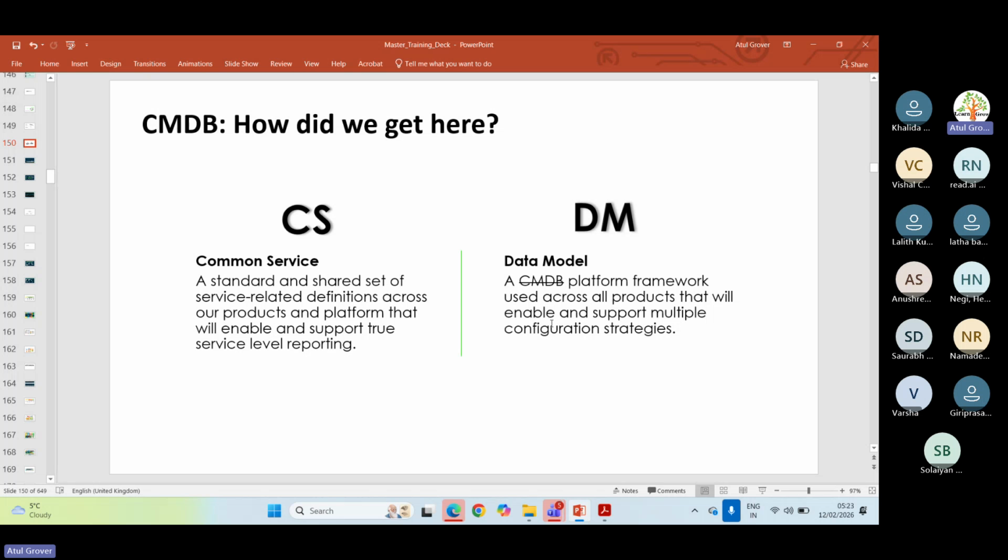That is the common service, a standard definition. How to stay is the data model. Everybody has their own room and there is one common kitchen. That is your data model, so that you can store this information in a format.